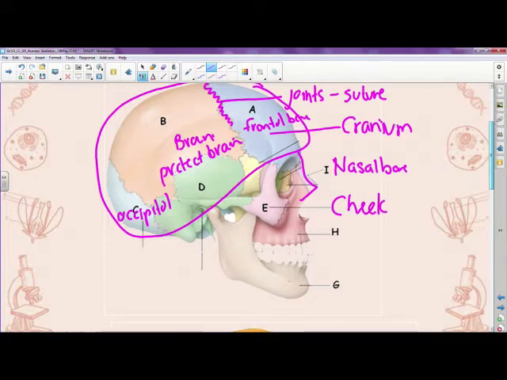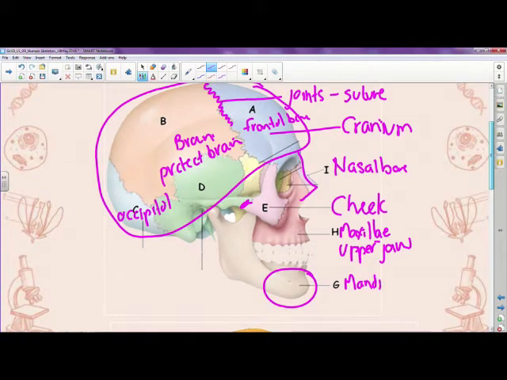Remember the cheek is very, very thin here, and that's why it's sometimes quite easy for it to break. Then we have the maxilla, which is the upper jaw. And the only bone that can move on the skull is called your mandible, or your lower jaw.